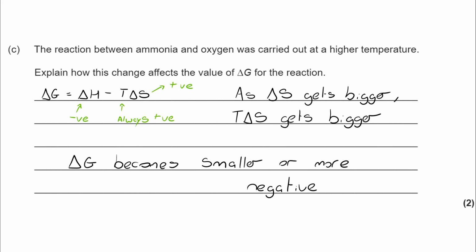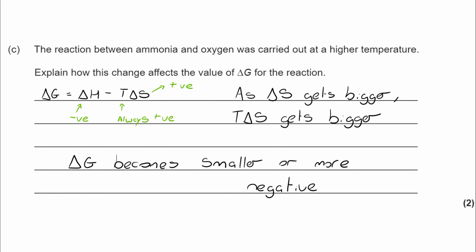So if delta S is positive, as T gets bigger, T delta S gets bigger. And that means that delta G will become smaller, or it will become more negative.